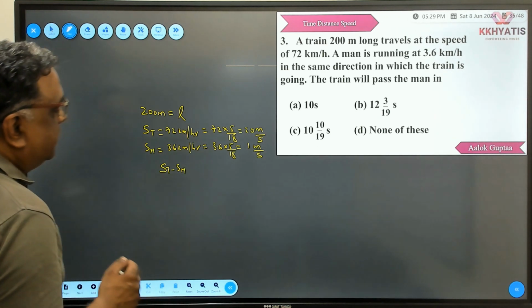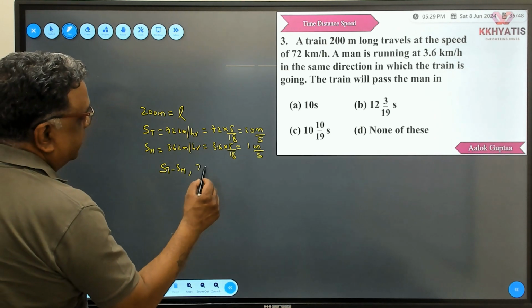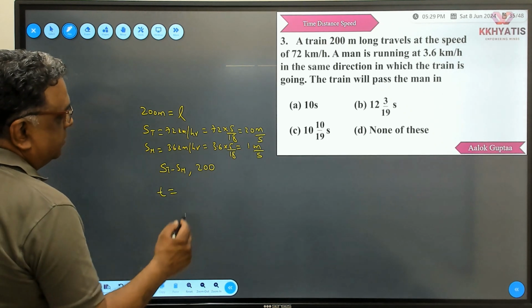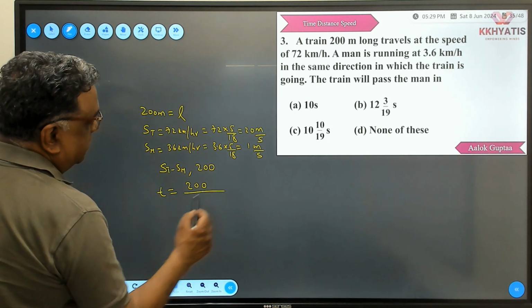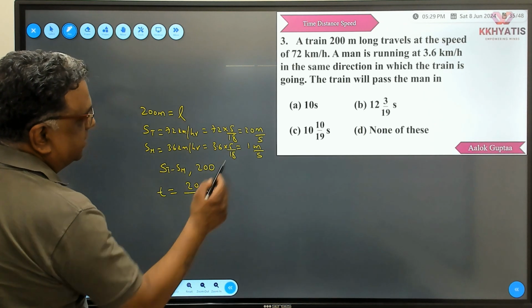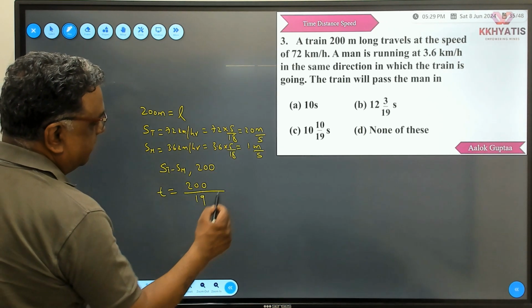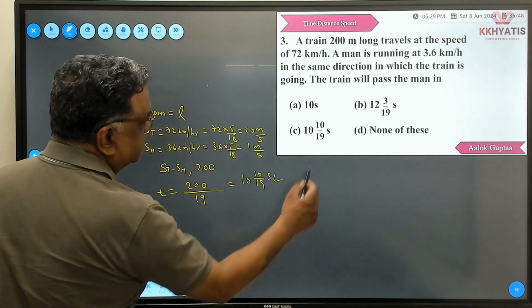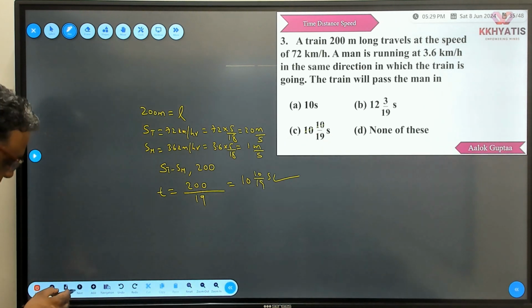And the length that they are going to cover is 200. So time it will take is 200 upon ST minus SM, 20 minus 1 is 19. So that is 200 by 19 seconds. This is the answer. Okay, next.